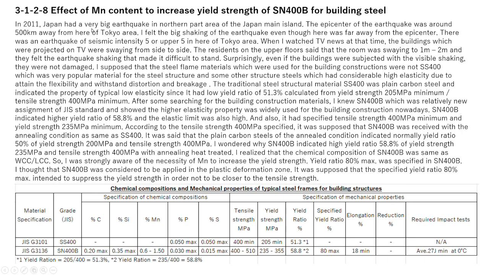In 2011, Japan had a very big earthquake in the northern part of the Japan main island. The epicenter of the earthquake was around 500 kilometers away from here, the Tokyo area. I felt the big shaking of the earthquake, even though here was far away from the epicenter.